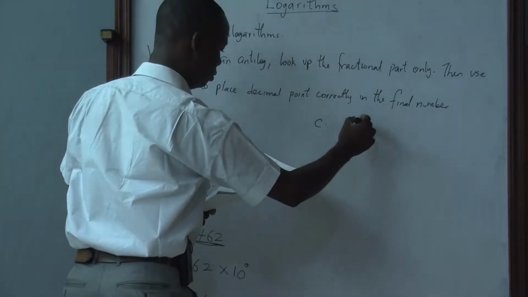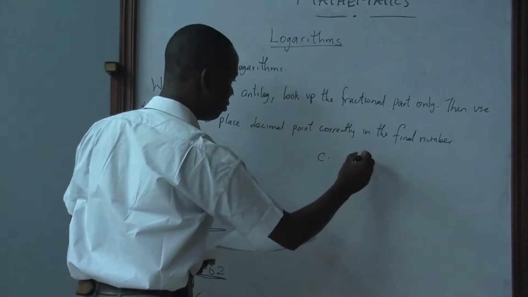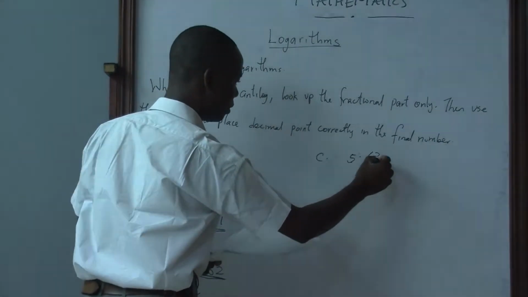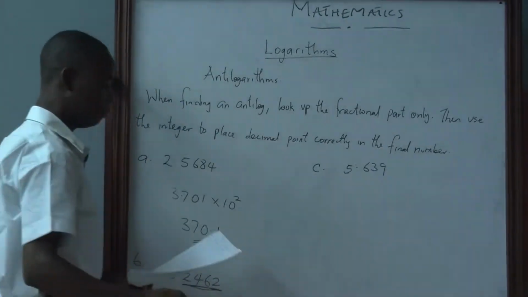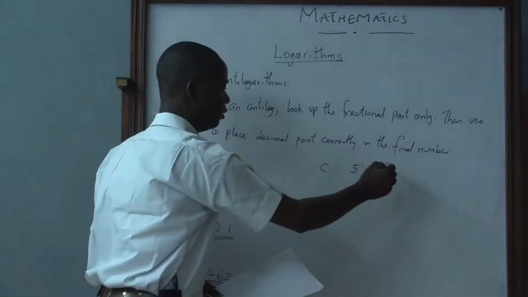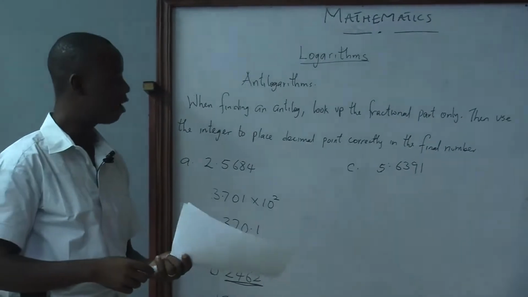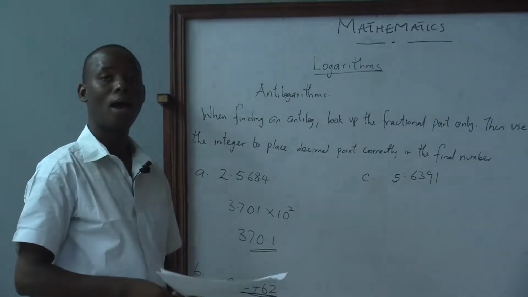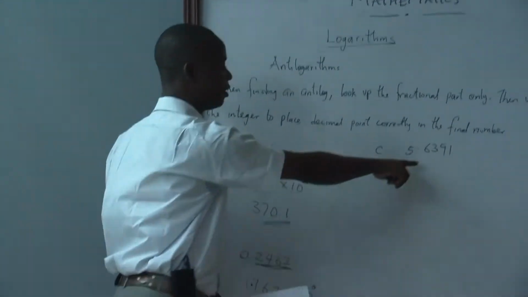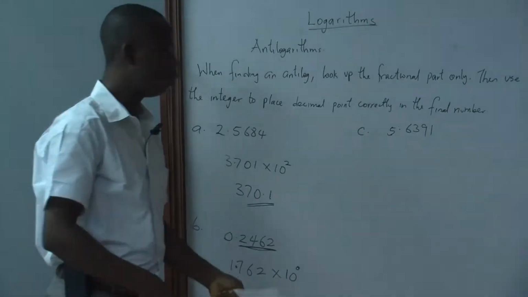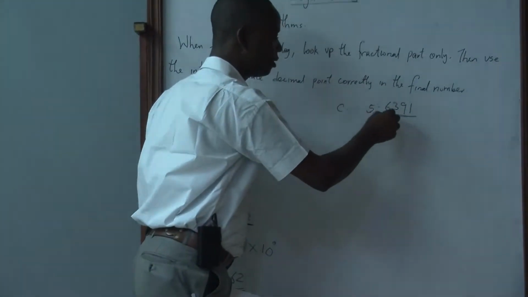We're given the value 5.6391, and we have to find the antilogarithm of this value. We'll look up the fractional part from the table.